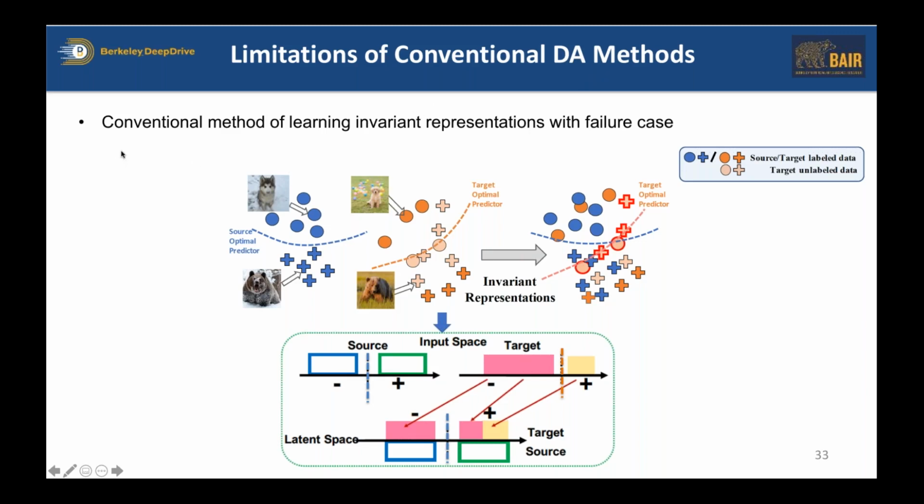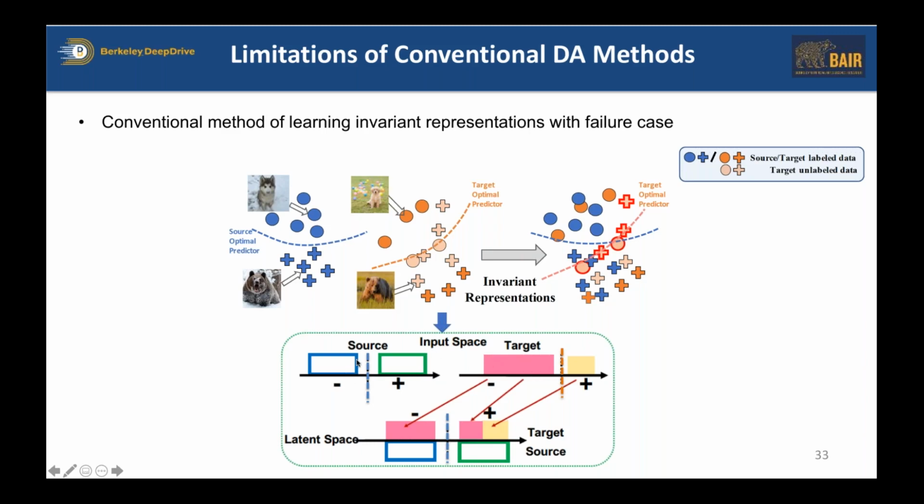Most existing domain adaptation methods often try to learn invariant representations. However, they cannot learn the invariant optimal classifiers between the source and the target. And such invariant representation learning can have some error, especially when your source and target have different label distributions and different optimal classifiers.